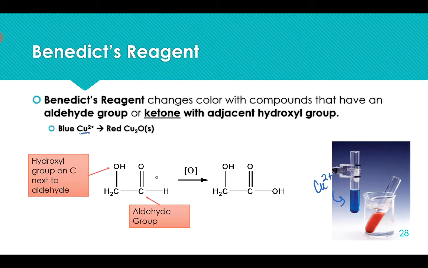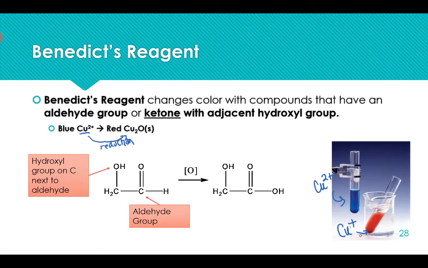And then once our organic molecule oxidizes, that means that our copper is undergoing a reduction. So if our organic molecule is being oxidized, our other substance is being reduced. Since oxygen is a 2- ion, each copper ion here is a 1+ ion, and so our copper ion is being reduced.